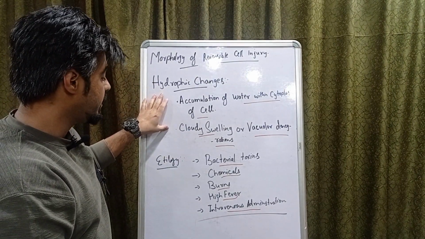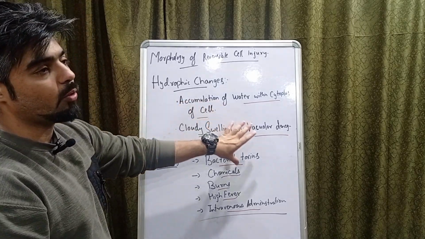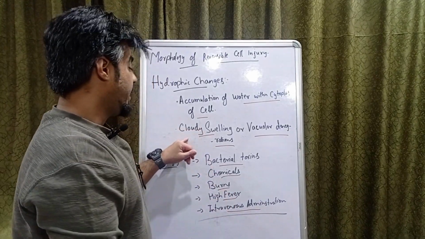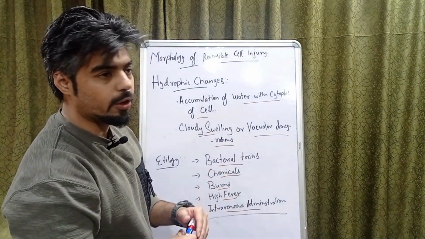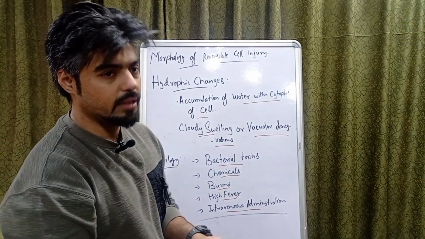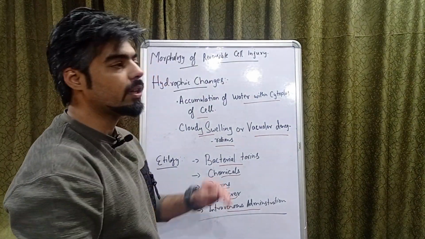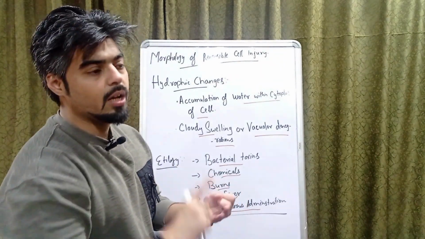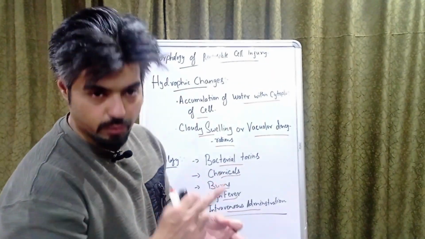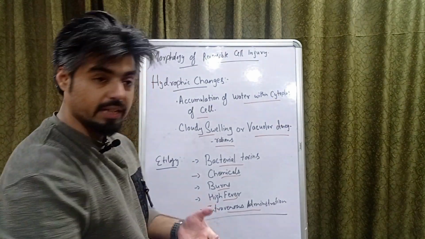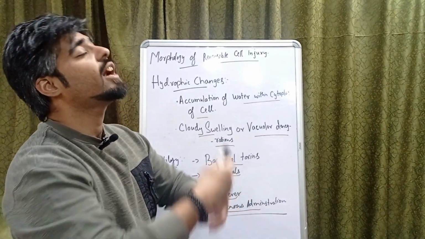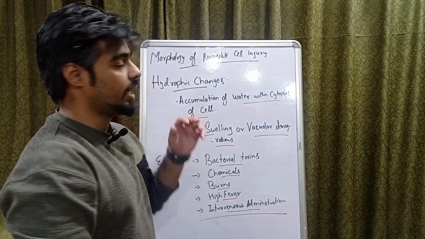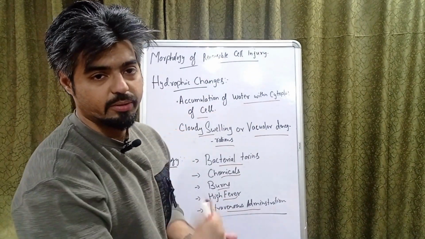Hydropic changes are the accumulation of water within the cytoplasm of the cell. It is also called cloudy swelling or vacuolar degeneration. The etiology includes bacterial toxins, fever, intravenous administration of some isotonic fluids, chemicals, burns, and many other factors. Now let's come to the pathogenesis.